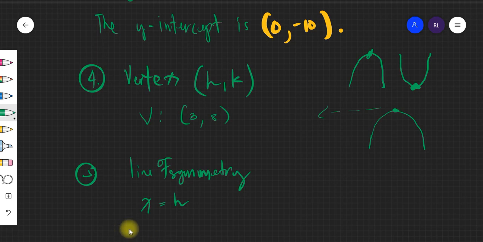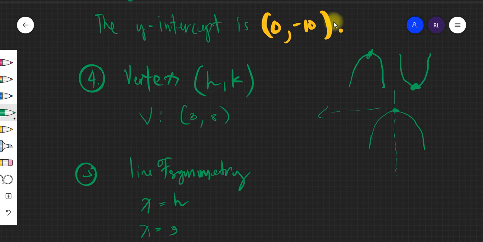Therefore, the equation for the line of symmetry is x equals 3. Going back to the illustration, that portion there is x equals 3, that broken line dividing this parabola into two congruent parts.